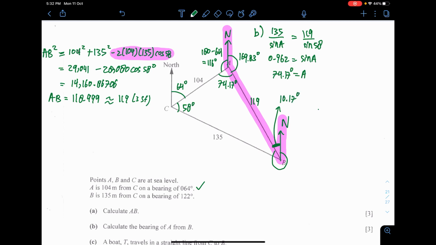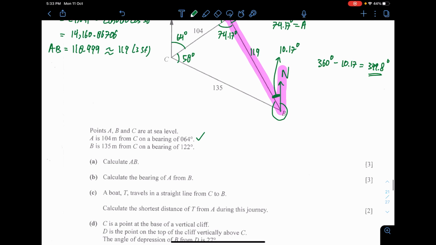Yes, so the final step, 360 minus 10.17. I got 349.8. Let's put it in 1 dp, since it's an angle after all, degrees. My tip for this kind of question: always look for interior angles. It's like the favorite for bearing questions.